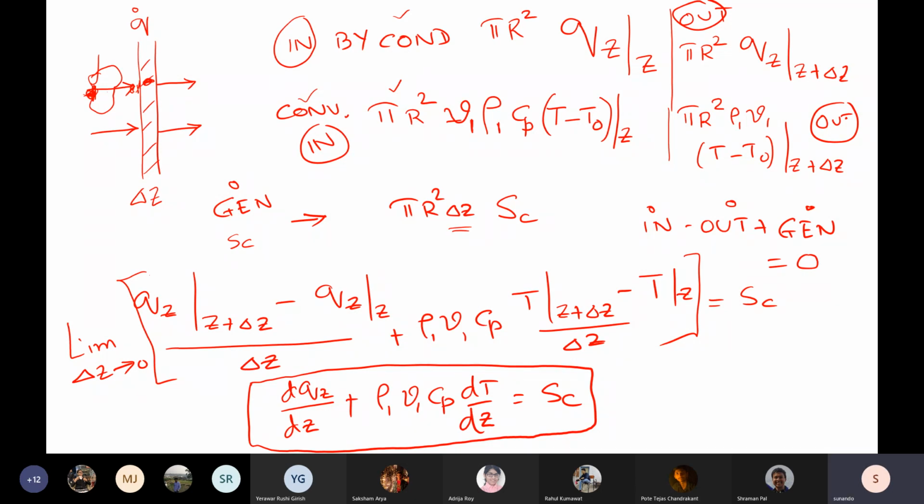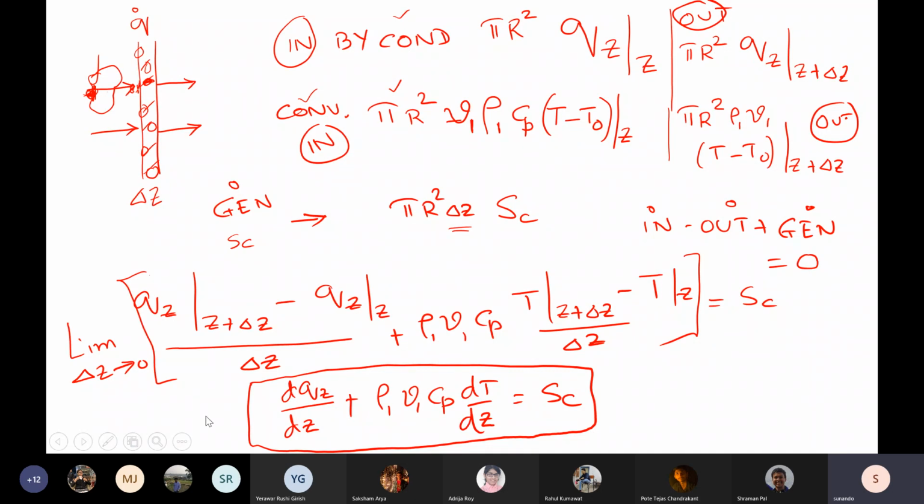Anyone with some observation on some major approximation that we have made while doing this? What you see here is this control volume that we have drawn may contain the catalyst particles like that with some porosity in between.